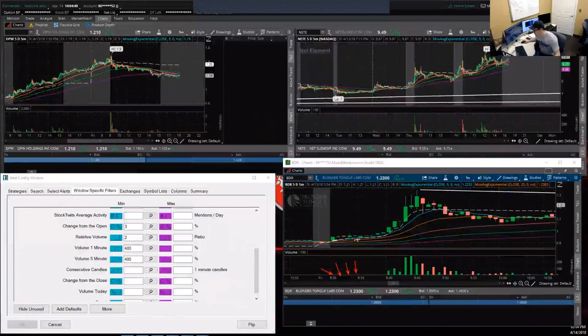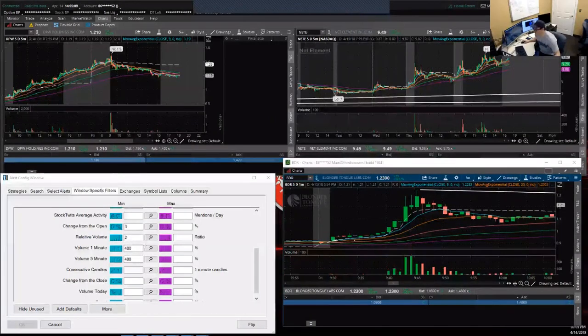There was clearly some, but it was so low that it didn't even plot. Then all of a sudden, boom, volume spikes. So that scanner would have picked up that unusual 1 minute volume spike right here, because it's not normally doing that.